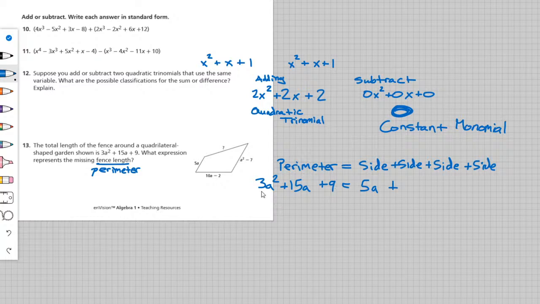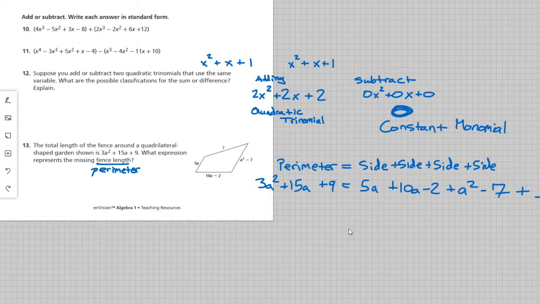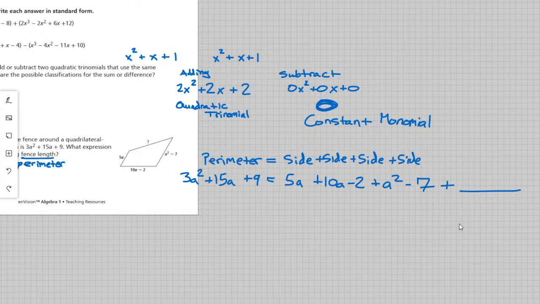I know the other side length is 10a minus 2. I know that another side length is a squared minus 7. And then I have some unknown. I'm going to make that a blank. I don't want to make it a variable because I'm worried that some of you are going to think it's a different variable, but it's just some unknown blank. We know it's a length. We know it's some type of polynomial. We don't know what it is yet.